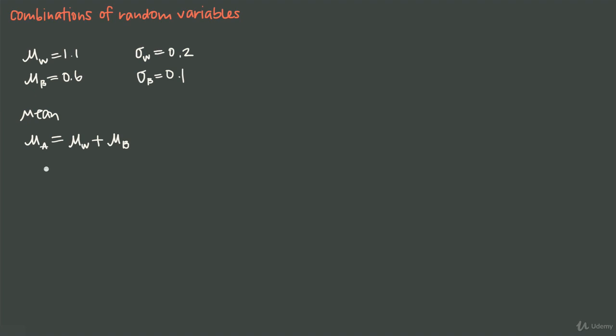What I have to do instead is first look at the variance. So the variance, remember, is sigma squared. So we'll say the variance of total activity time is going to be equal to, I square the standard deviation for both walking and biking to get the variance for walking and biking, and then I can add the variances together. So I say the variance, sigma squared, of walking plus the variance, sigma squared, of biking.